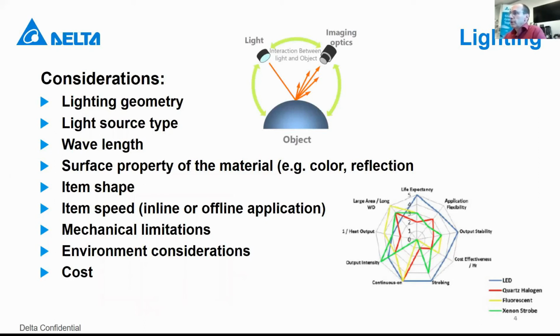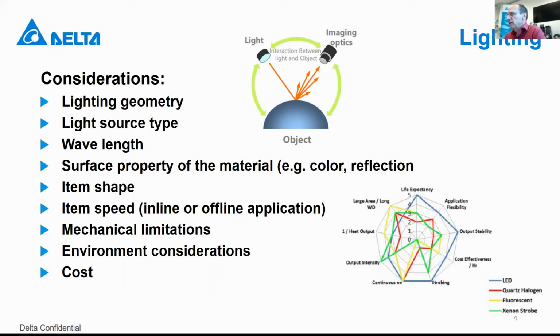Also, depending on what kind of surface you have, of course: do you have a lot of reflection, or is it rough, or is it smooth material? All that kind of information is important to know before you go out for lighting. And also the speed, of course.